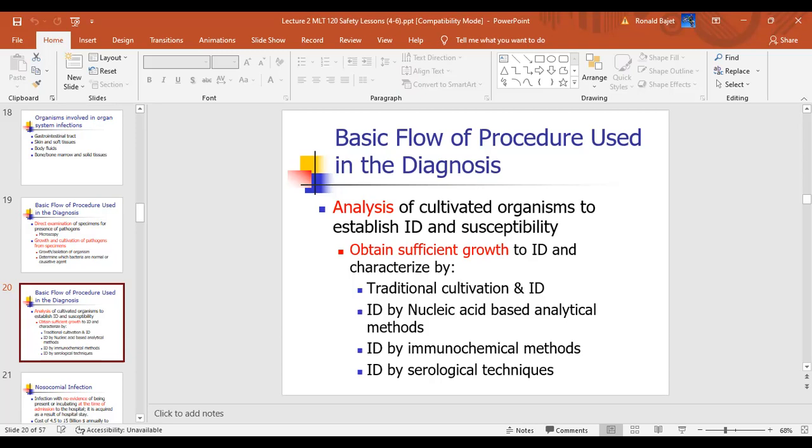If it's resistant, think of it as it has some kind of shield that it's going to survive. We don't want the organism to survive, right? We want the organism to die. So if you tell the doctor the organism seems to be resistant to amoxicillin, he's going to say, oh shoot, try another antibiotic.